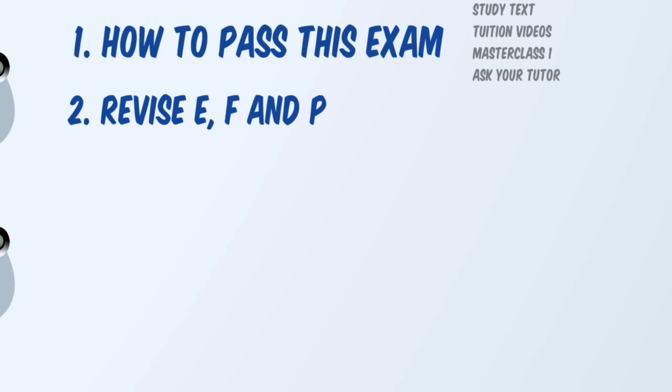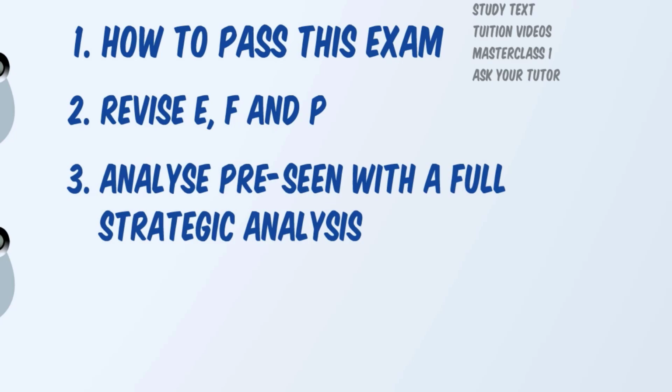particular study text. Then conduct a full analysis and a strategic analysis of the pre-seen. So be aware of everything that you want to bring up in the pre-seen so that you can use it effectively. CIMA wants you to be using information from the pre-seen. And what I mean by a strategic analysis is to essentially look at those key F and P topics and apply information from those to the case study.